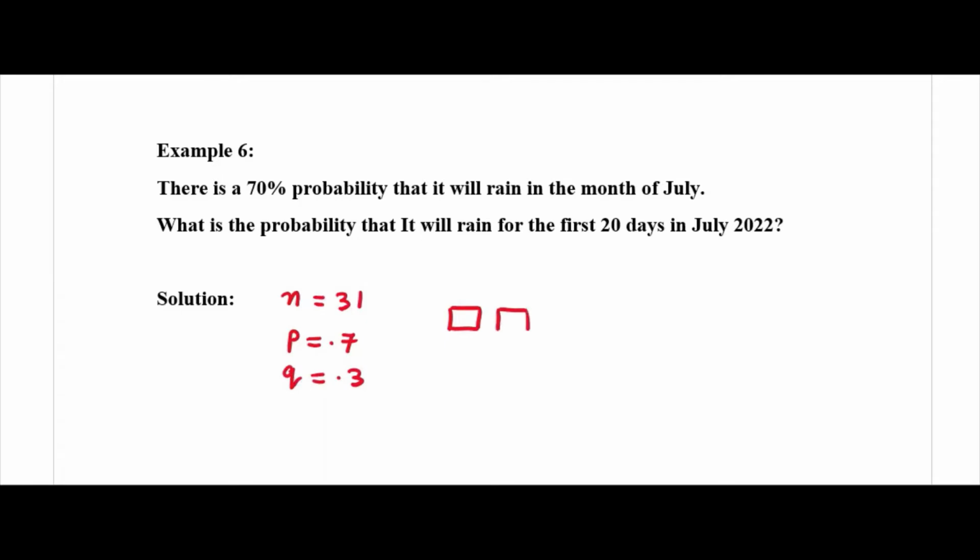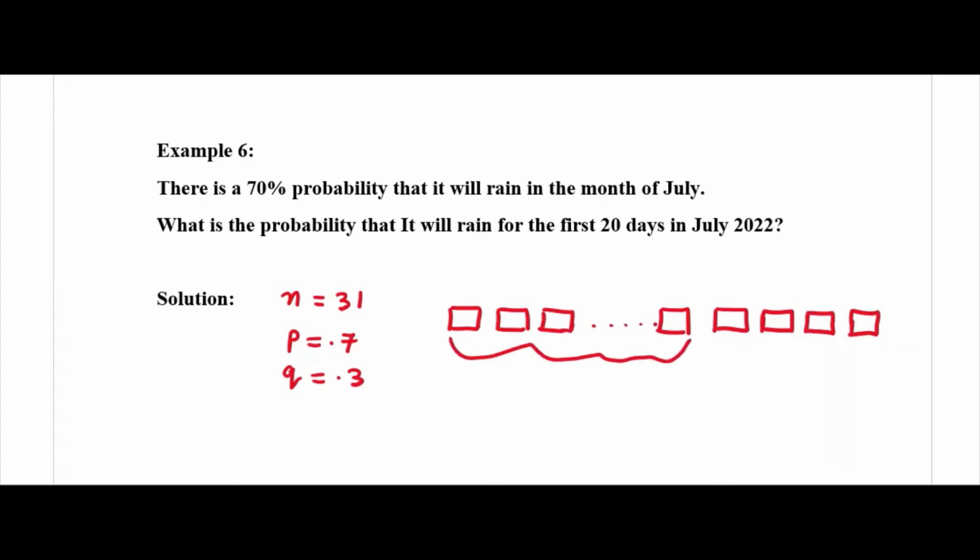It is to rain here, here, up to here 20, and it should not rain for the next days. The boxes are fixed now, you can't change the boxes. So the combination part will not come. There is no selection here. It should rain for 20 days, and it should not rain for the next days.